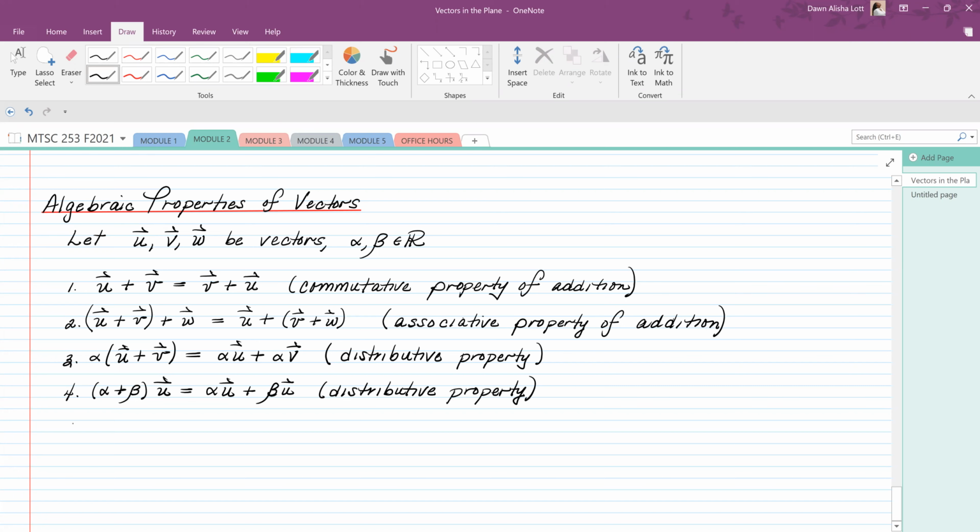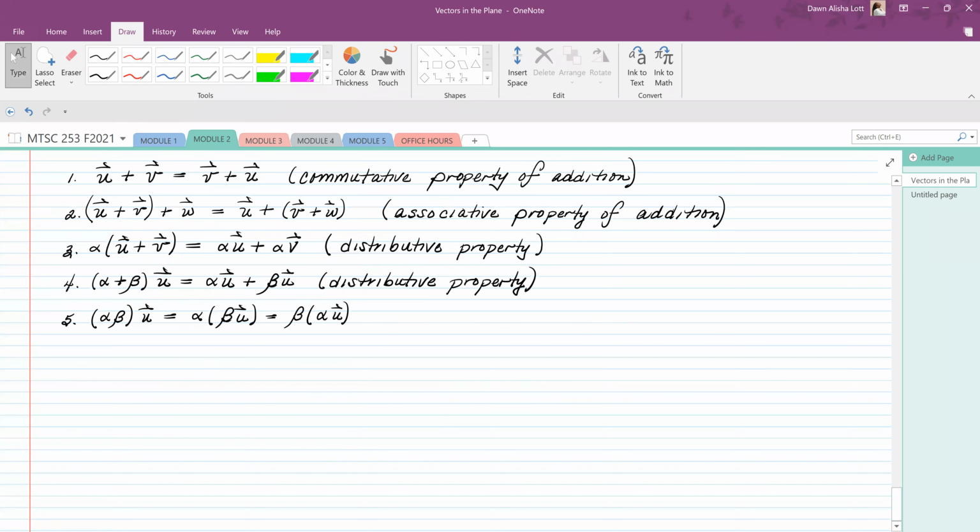And number 5 is I can take alpha times beta and then multiply it by u, or I can take alpha and multiply it by beta u, or I can take beta and multiply it by alpha u.